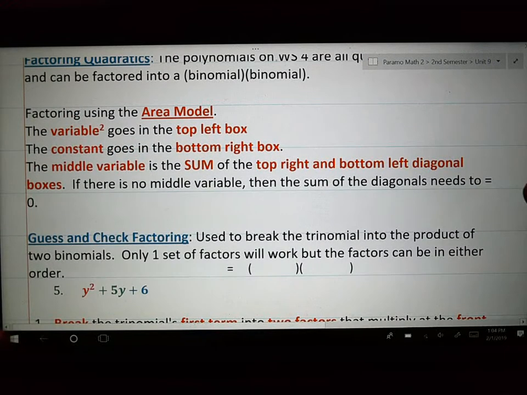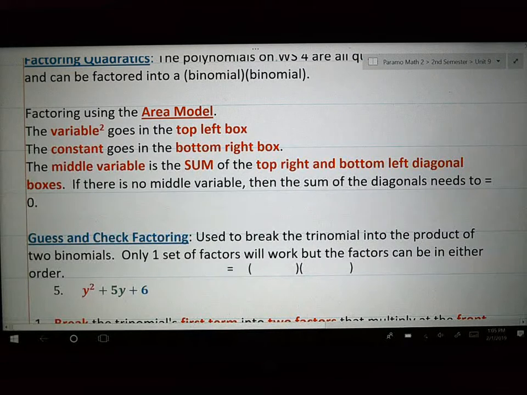So the first thing that I'm going to recommend is that it'll be helpful for you if you write down the notes and you have them alongside you as you're doing the problems.